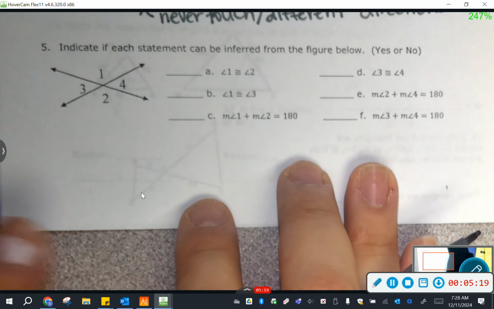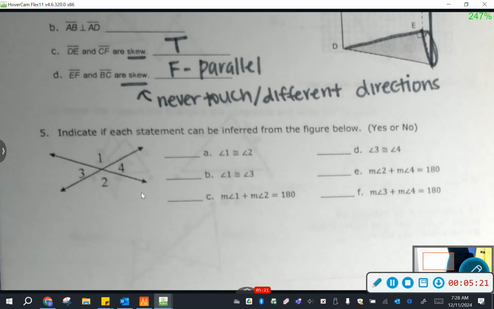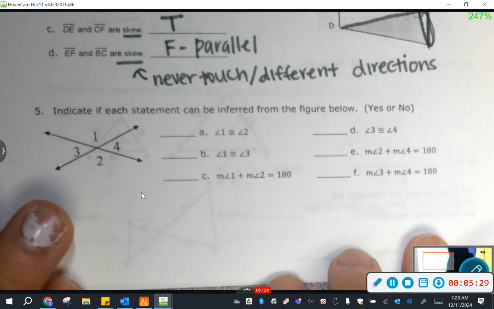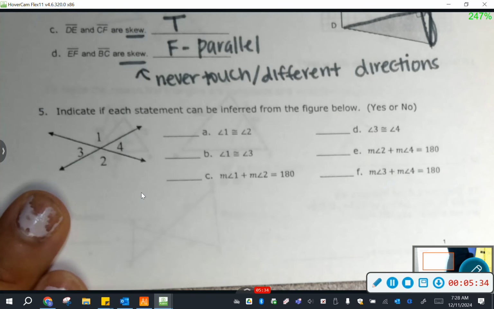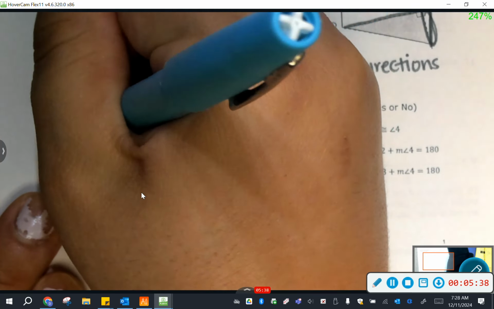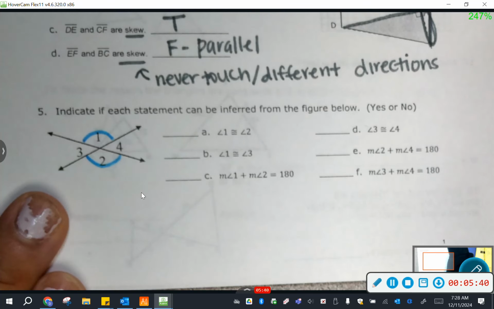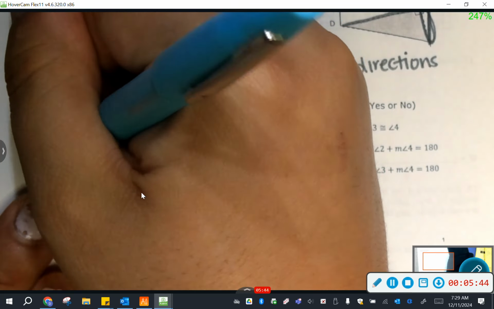All right. Before questions about here, we know 1, 2, 3, and 4 are not all equal. But which ones are equal? 1 and 2 are going to be the same, and 3 and 4 are going to be the same.